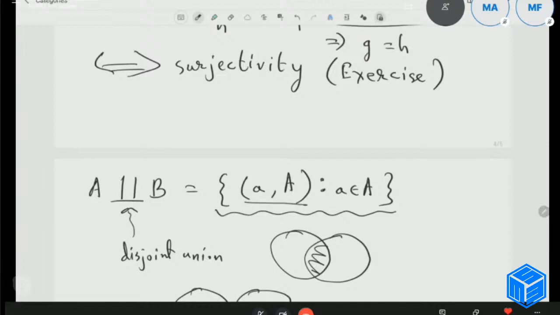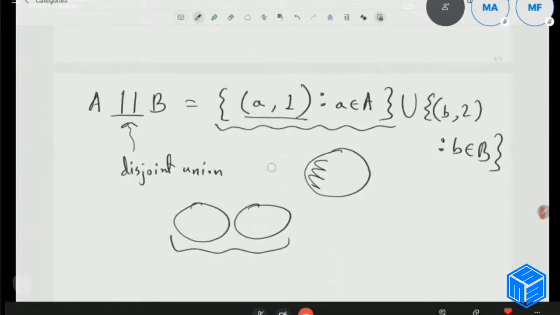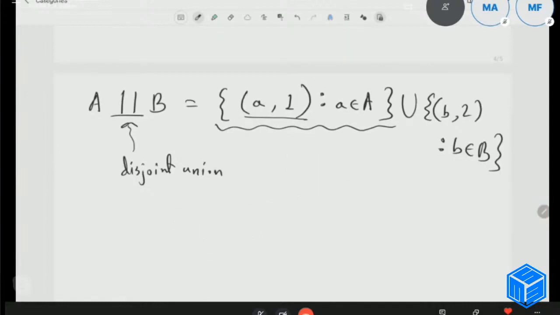Well, that's getting crazy. Let's just do this: number one, and then number two, (b, 2) such that b is in B. I'm gonna get rid of these. Does that make sense? This construction right over here.